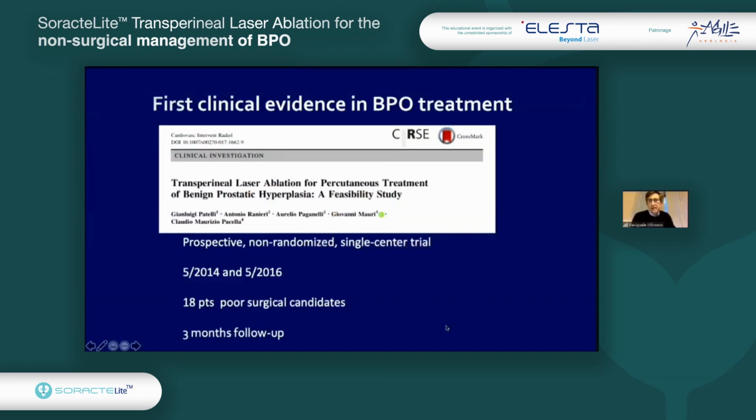The first clinical evidence in the treatment of BPH comes from Patelis, an interventional radiologist who did a prospective, non-randomized, single center trial between 2014 and 2016 on 18 patients. They were surgical candidates.